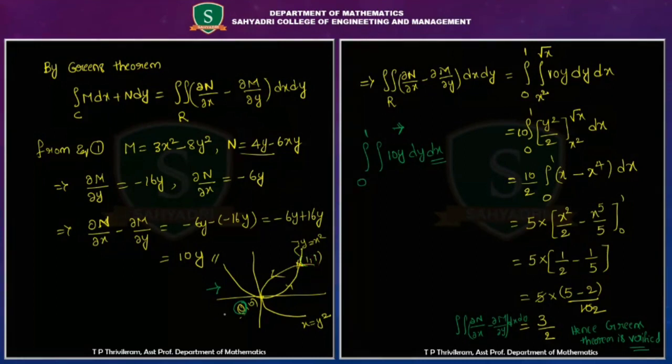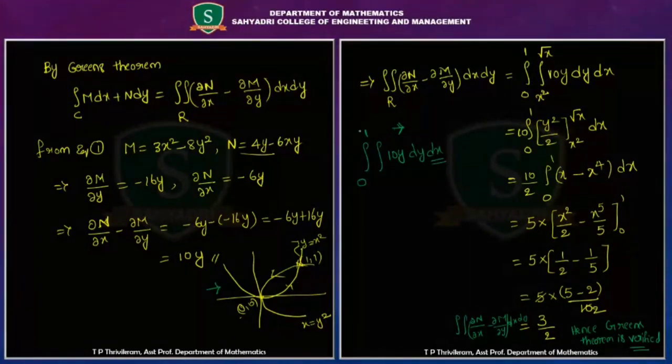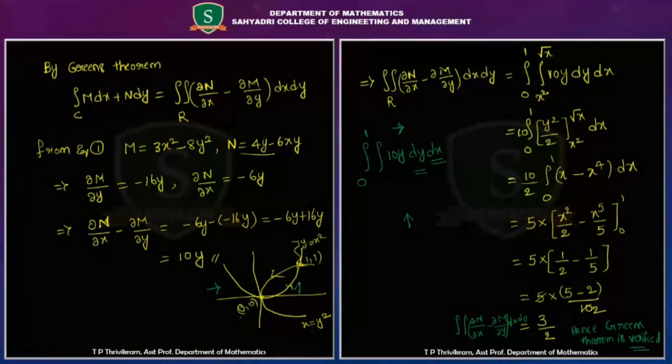Clear? This is clear. Along dx means horizontal direction. In horizontal direction, where does x move from in terms of numbers? So that means 0 to 1. Similarly, when you are taking dy, you have to think in vertical way. In vertical way, what is the first curve you are getting?